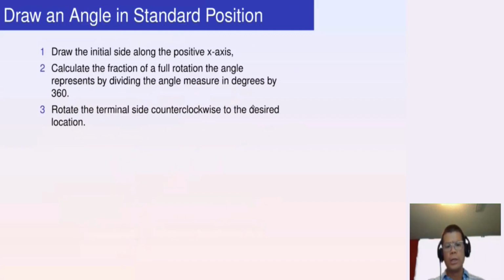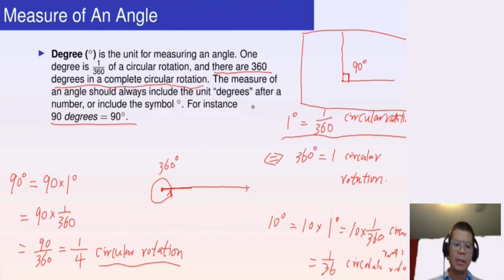So how to draw an angle in standard position? Firstly, we draw the initial side along the positive x-axis, and then calculate the fraction of a full rotation, like what we did, 90 degrees is 1/4 of a full rotation.